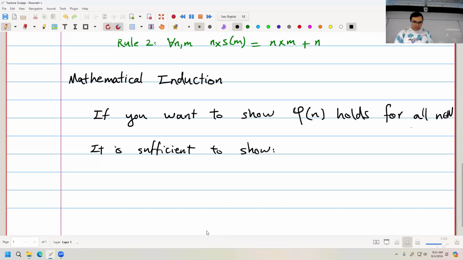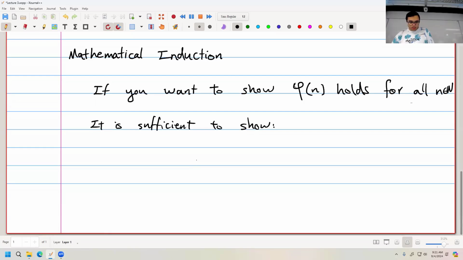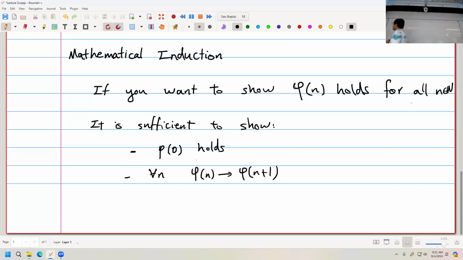And again, this is the last axiom of Peano. So I first show that phi of 0 holds. And then I show that for every natural number n, if phi of n holds, then phi of n plus 1 holds.